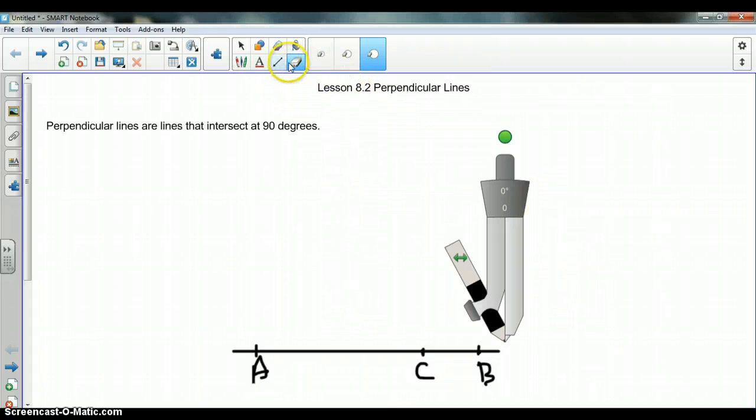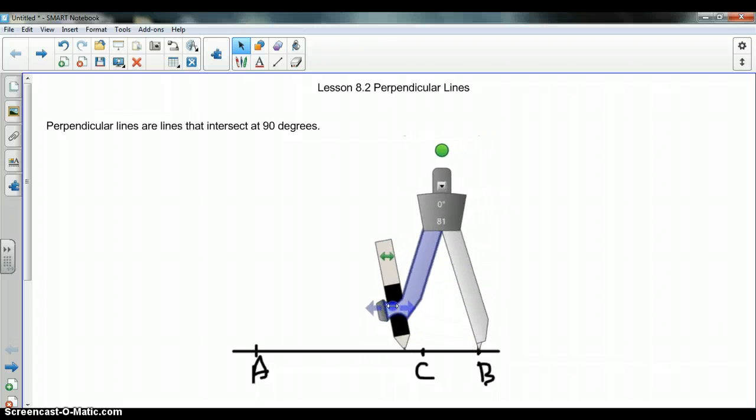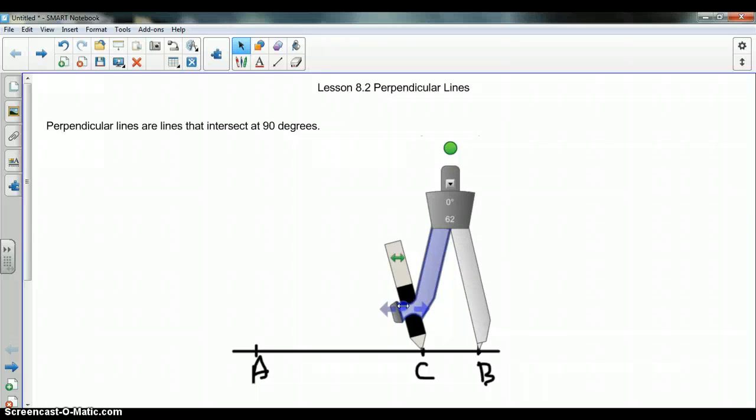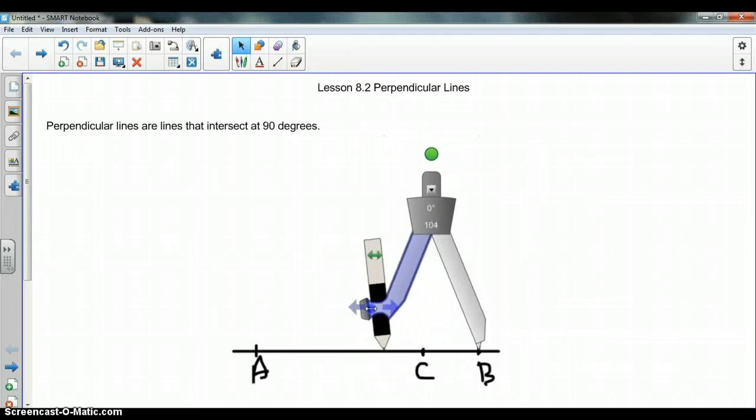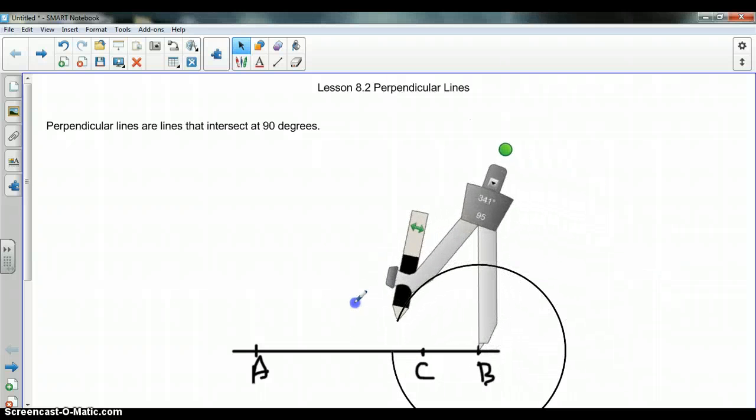Okay, and I want this point to be right at the B. And I'm going to take my compass now and I'm going to open it up so that it is greater than the distance from B to C. I'm going to go about to here, as long as it's a distance and a half greater than, so about right here. And from there, I am then going to draw my circle.